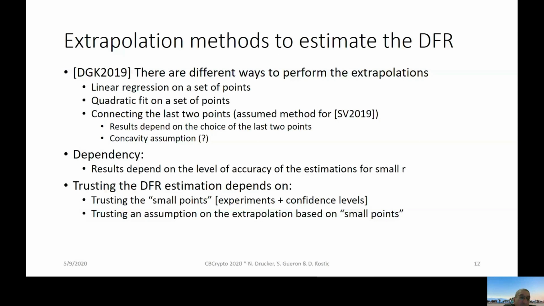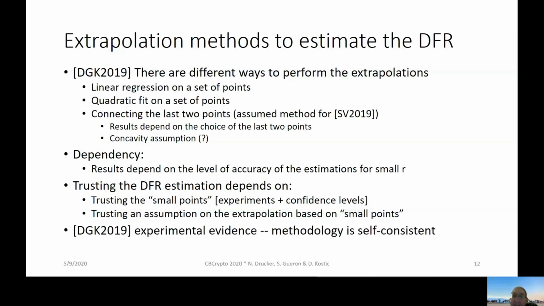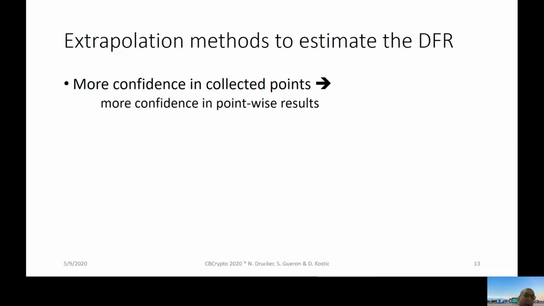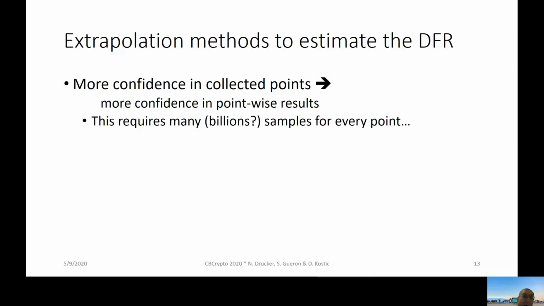In this paper, we show experimental evidence that the methodology is self-consistent. We did experiments for some points and checked, for whatever r values we could really simulate, that this gives a good approximation. All right, so now what we know is that if you get more confidence in the collected points, then you get more confidence in the pointwise results.